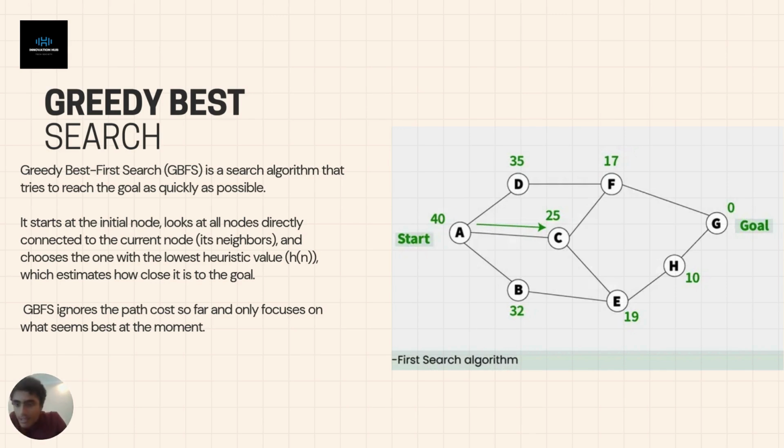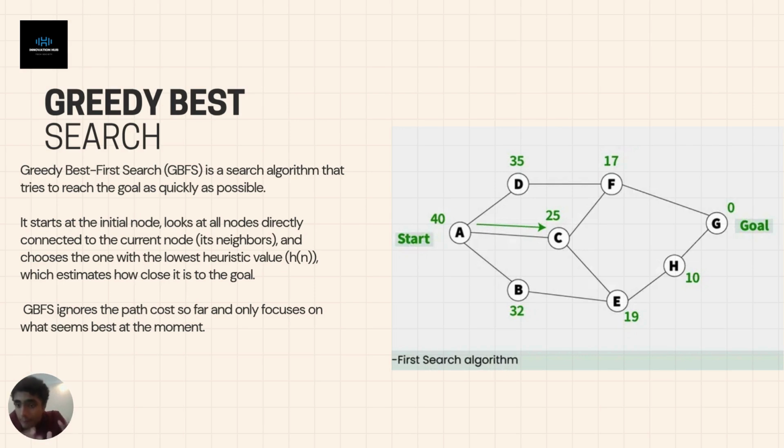This estimate is called a heuristic function, usually represented as h(n). The heuristic gives the algorithm an idea of which node appears to be the most promising, the cheapest, at any given step of the way.